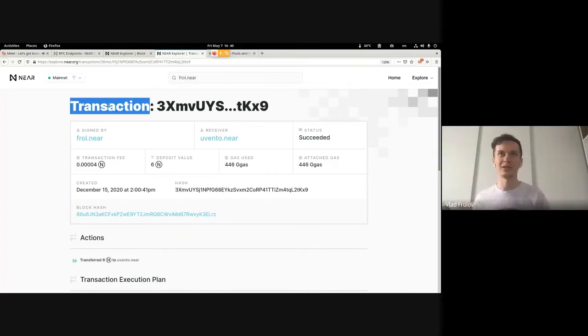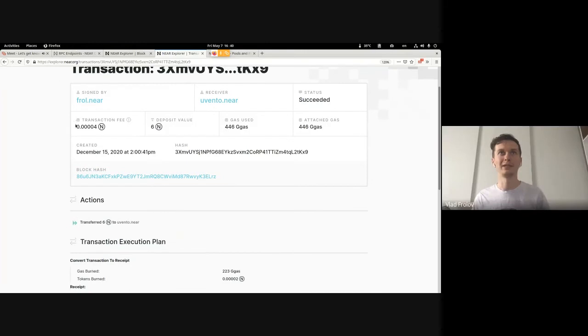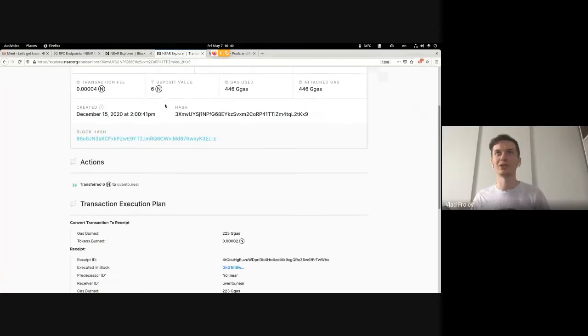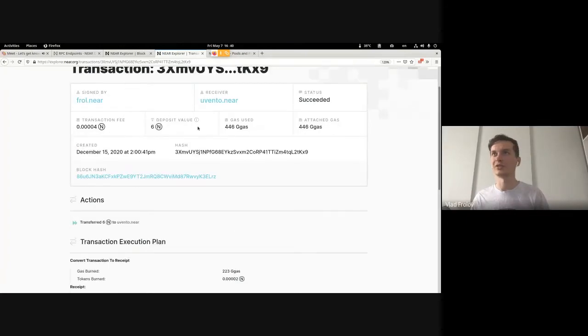So this was my ticket, my transaction, which I signed for this other account. I paid this amount of NEAR tokens for processing my transaction, and the value is not very interesting in this context, so let's keep it out.